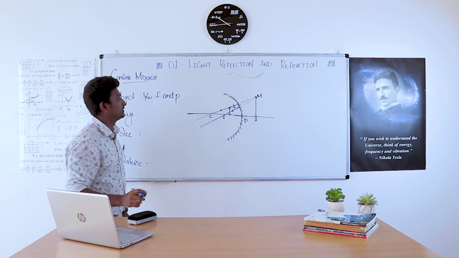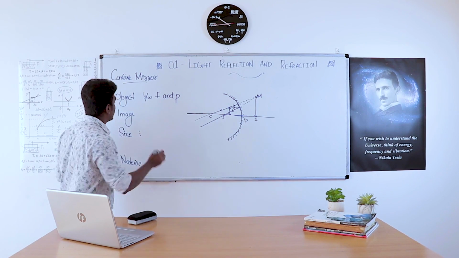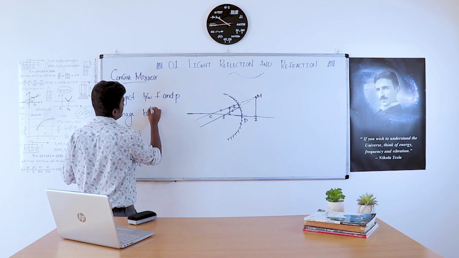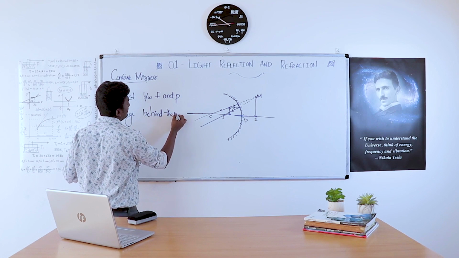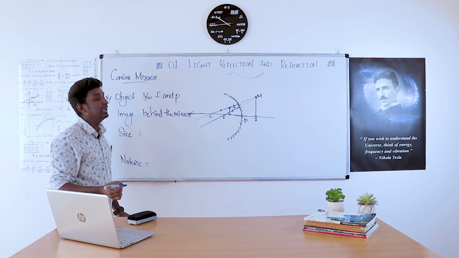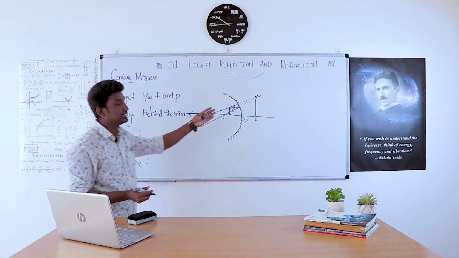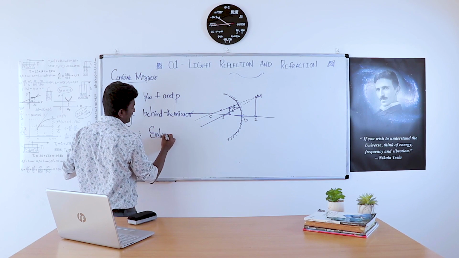What is the peculiarity of this image? This image is formed behind the mirror. That's a very important peculiarity. Now look at the size of the image. It is enlarged.